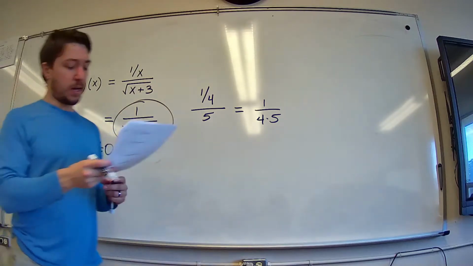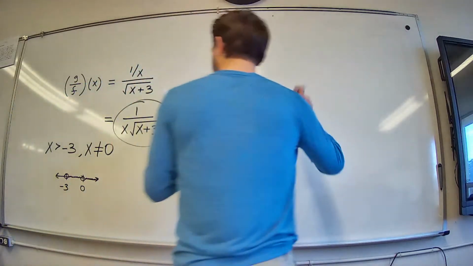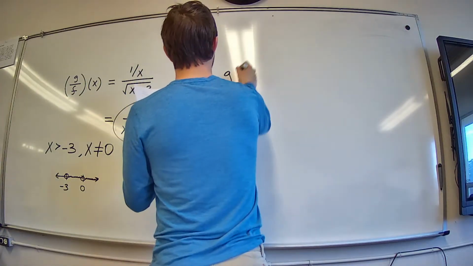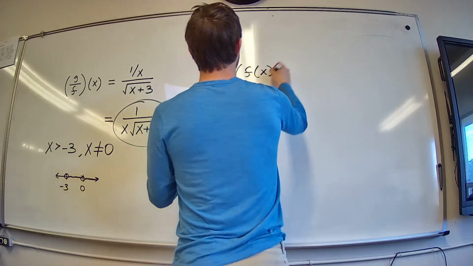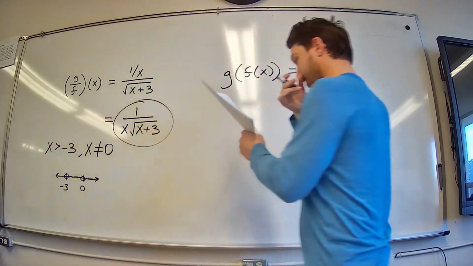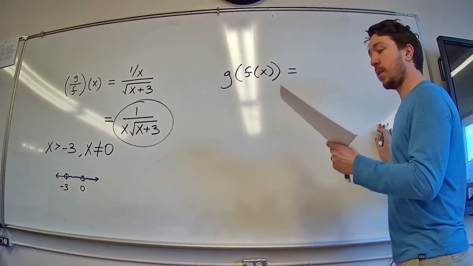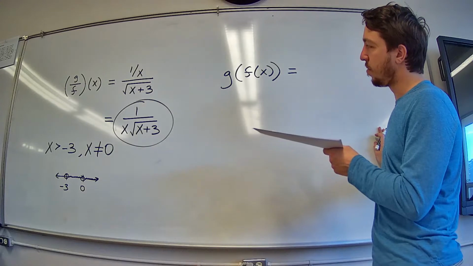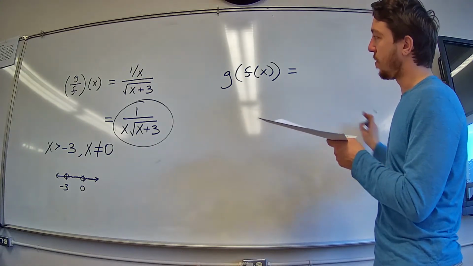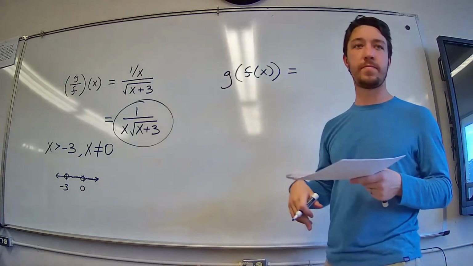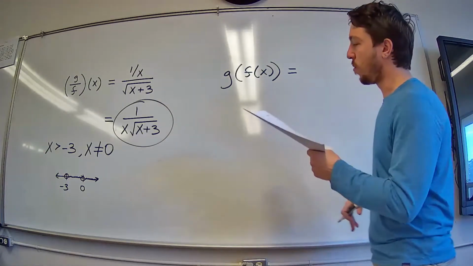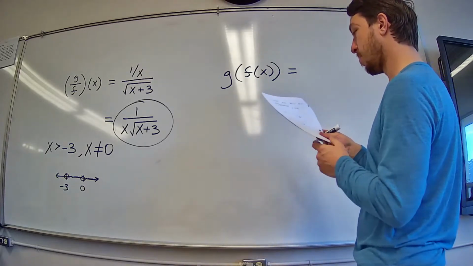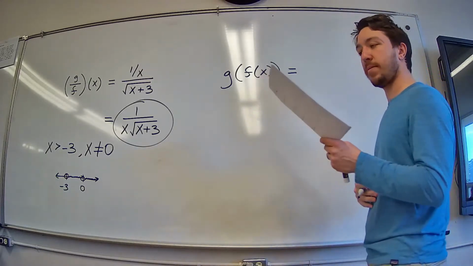All right, last one that we're going to cover as an example. H, right below that. H says, what's g of f of x? So what are we doing here? We're plugging f into g, right? So what happens if you go to g and plug f into it?